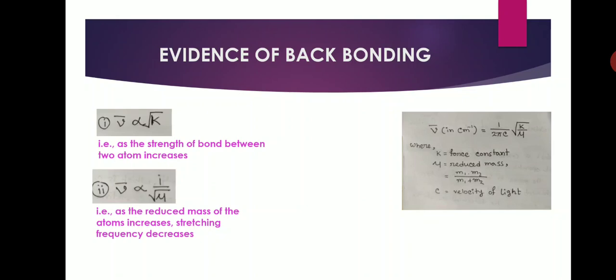From the equation, it is also clear that ν̄ is inversely proportional to the square root of the reduced mass. That is, as the reduced mass of the atoms increases, the stretching frequency decreases. The stretching frequency of free CO is 2143 cm⁻¹.